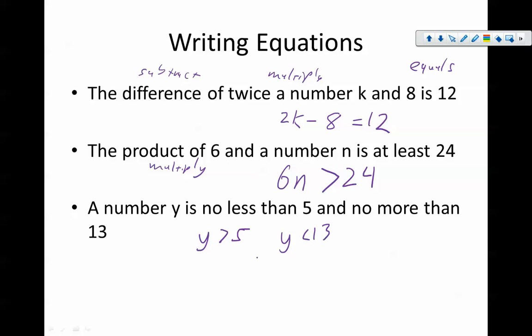This looks like a compound inequality. 5 is less than y is less than 13. Notice that there were two symbols given here. We have a less than symbol, or depending on where you put the y, a greater than symbol, and then we have the opposite of it there for the 13. It's a compound inequality.